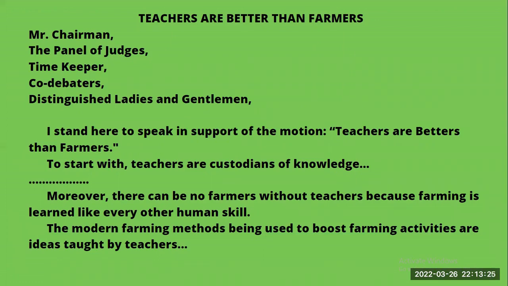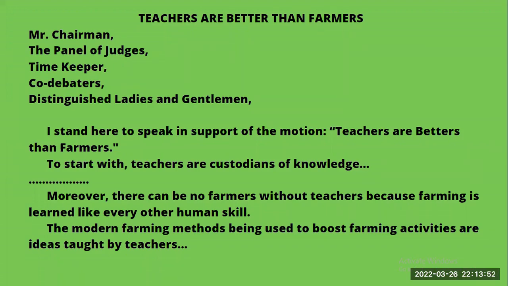They are the custodians of knowledge, and you are saying that knowledge is what empowers everyone to do whatever they want to do, and that as a farmer, it is your knowledge that enables you to farm. If you don't know how to farm, how are you going to farm? All right. So you need the knowledge, and the custodians of this knowledge are the teachers.